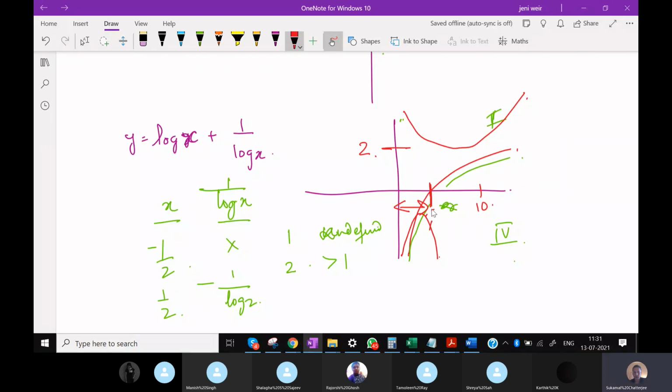So at x equal to 1, this goes to infinity, and from x equal to 1 to x equal to infinity, the graph will lie in the first quadrant.